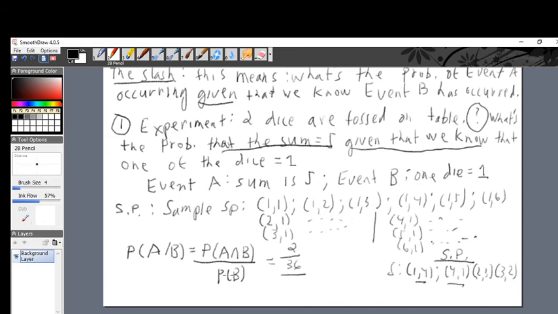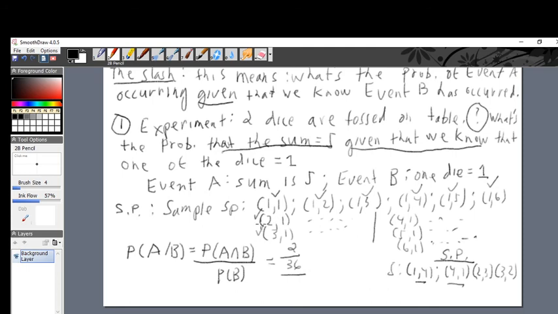What's the probability of B? What does B say? The event that one die is 1. Okay, here's one case. Second case, third case, fourth case, fifth case, sixth case. Here's a 7th case, because here this is 2, but this is 1.